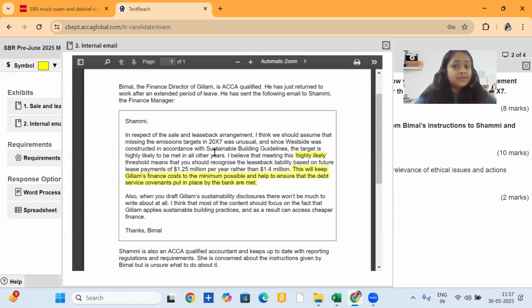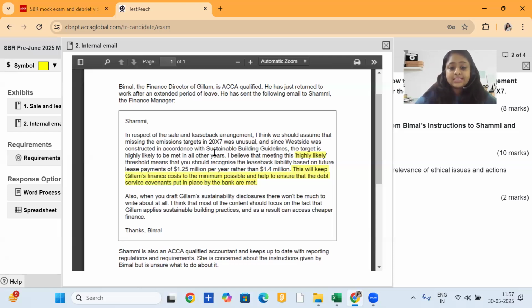That means there is some element of dishonesty, there is some element of conflict of interest which is arising. Hence, we can say that there is a breach of the principle of integrity, the principle of objectivity, as well as professional behavior. Being an ACCA, he is not expected to discharge his duties in such a way. This becomes my introductory paragraph.